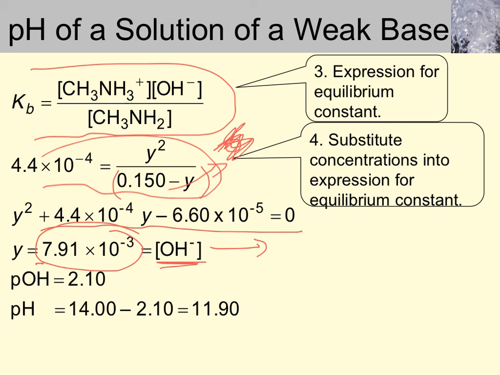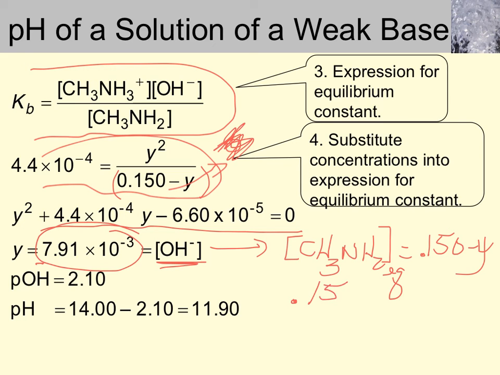So our equilibrium concentration of CH3NH2 was 0.150 minus y. I'm going to write that out, 0.150. What did we just find out y was? 7.91 times 10 to the minus 3.